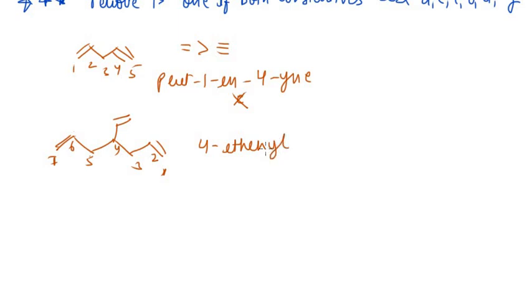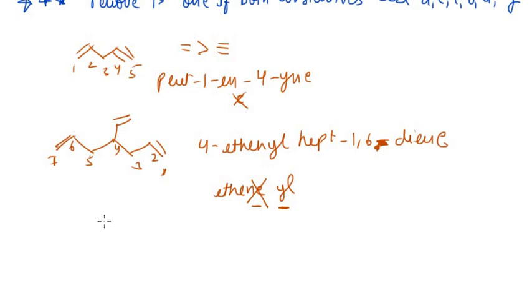Ethene, then yl, ENE and Y. Look what I am saying, ENE, then YL. But we have to remove E because two consecutives are coming together, E and Y. So 4-ethynyl hept-1,6-diene. Hept, ethynyl, 1,6-diene.